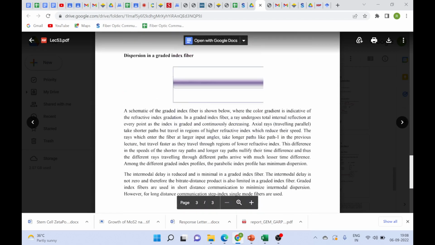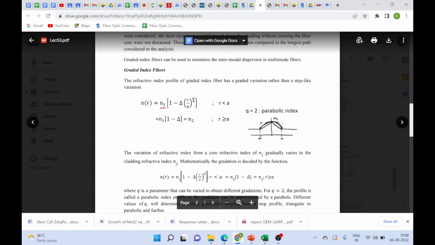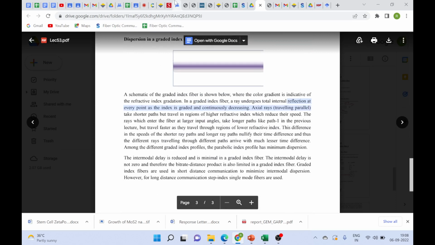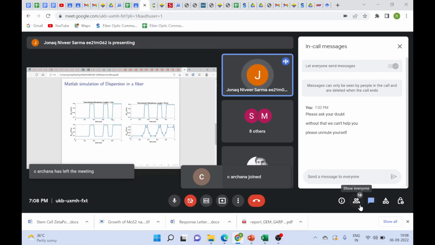So these are some of the results of some MATLAB simulations. We are sending an optical pulse, the laser has some line width, and we are directly modulating the laser because it's just a simulation.